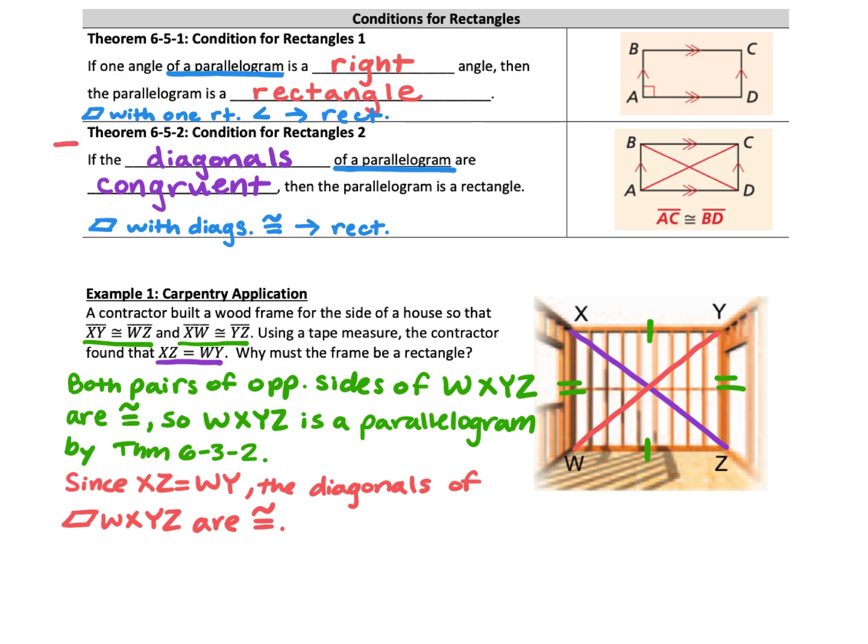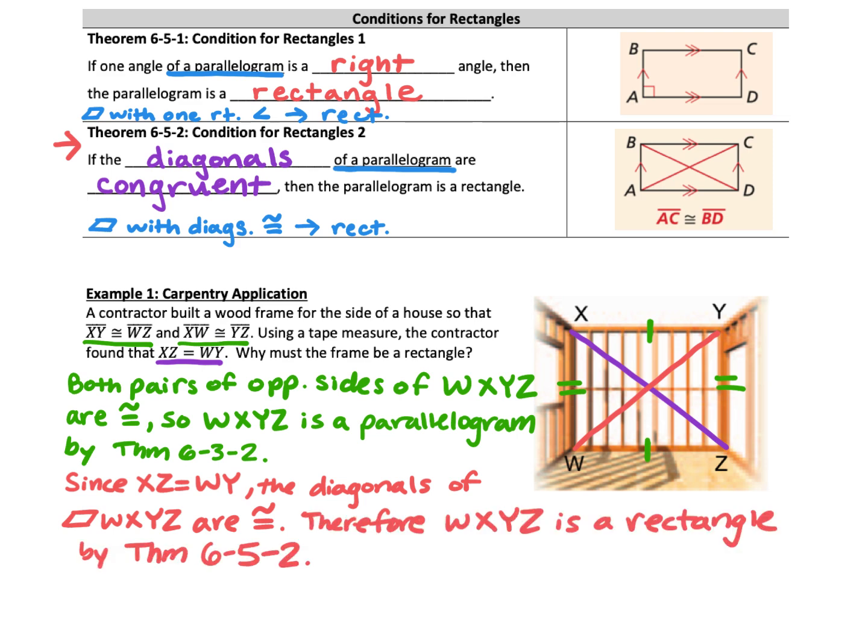And we know now, if we apply theorem 6-5-2, that if a parallelogram has congruent diagonals, then it's a rectangle. Therefore, WXYZ is a rectangle by theorem 6-5-2. To summarize what we just did, we first had to show that it was a parallelogram. Then, by showing that the diagonals were congruent, we were able to make the conclusion that it's a rectangle.